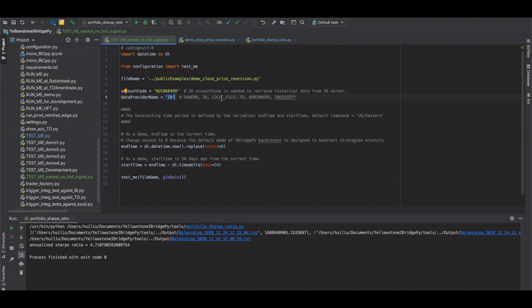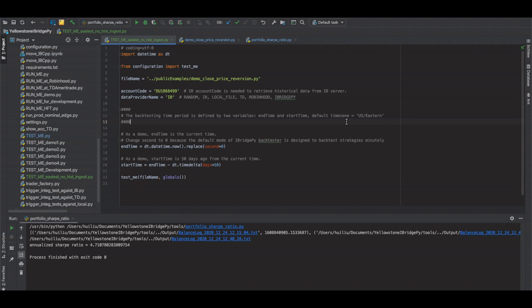Also, IBridgePy backtester can take data from local files, which means you can download historical data from any other data providers and save the data to your local file, and the IBridgePy backtester can ingest historical data from the local file. And there's a special one called random. The random means IBridgePy will not get connected to any real data provider, but provide random data to backtest.